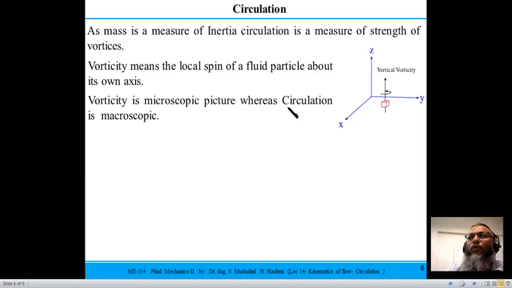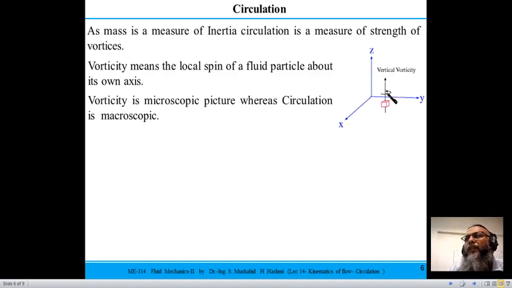But once you talk about circulation, whatever vorticity is present within the closed contour, we are not bothered about the rotation of an element about a particular center of rotation.